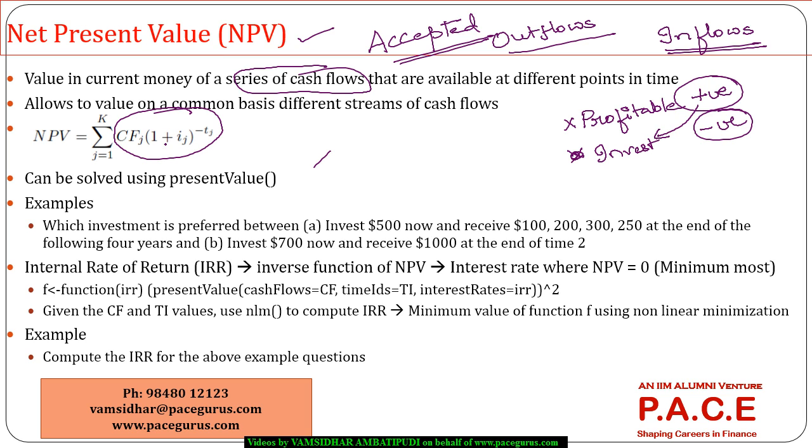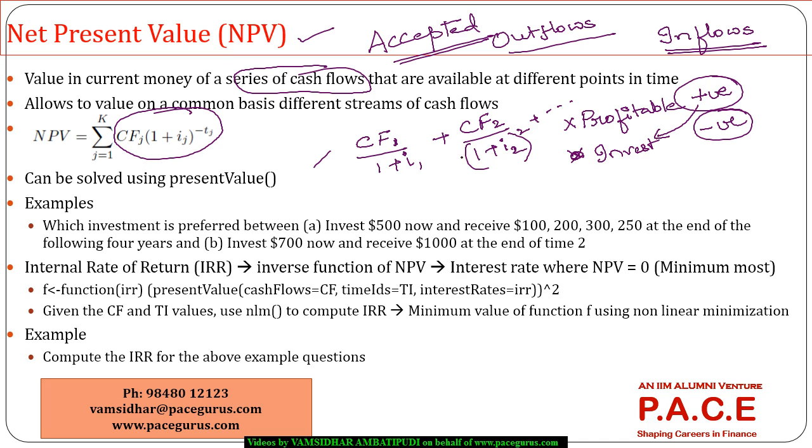And now if you see the formula, we are going to have different cash flows at different points in time. So at period 1, whatever is the cash flow that I am getting, I'll discount it with the interest at period 1. Then if I am getting some cash flow in the second year, I'll discount it with the interest of that particular period squared, and so on.